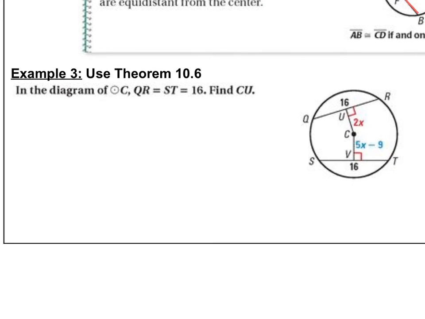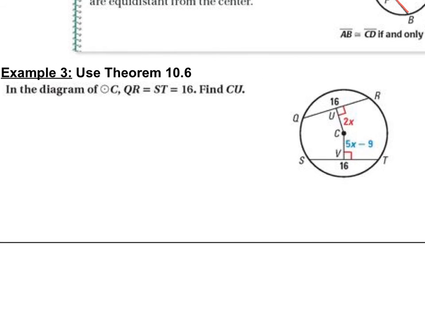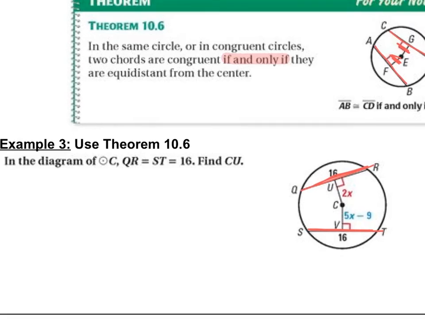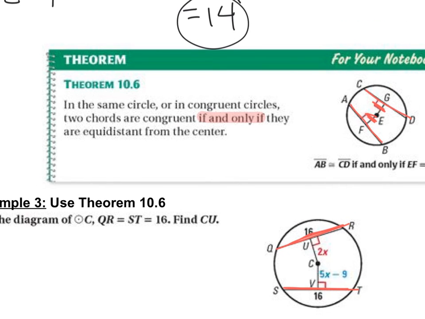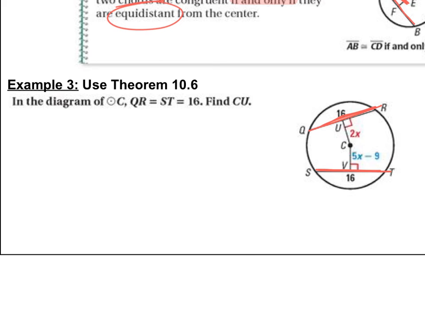Using Theorem 10.6 for example number 3, in the diagram of circle C, QR is equal to ST. So we have QR, you have ST. They are saying they are equal. And just to reiterate, if they are equal, then they are equidistant from the center, meaning the same distance. So basically this segment is congruent to this segment.